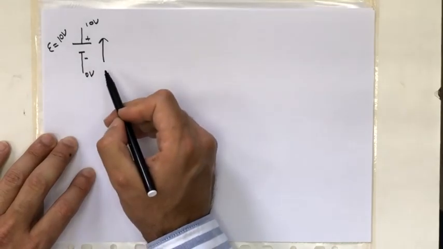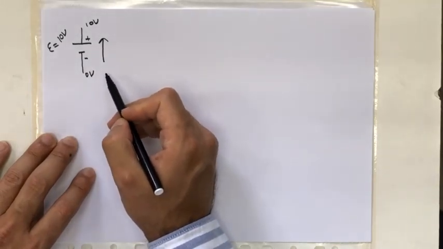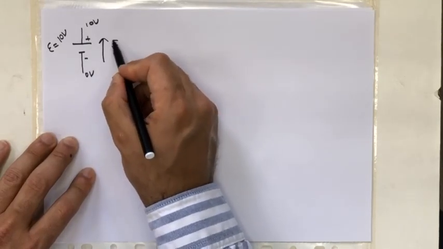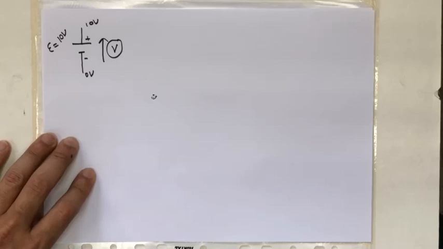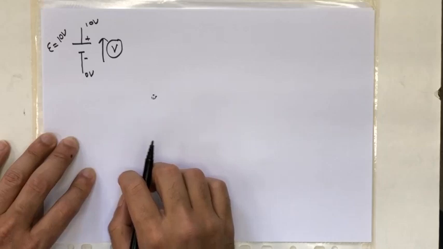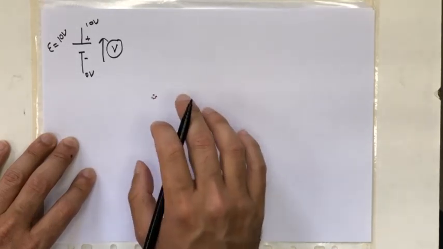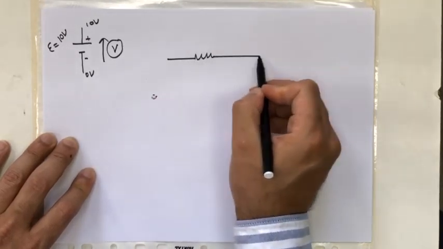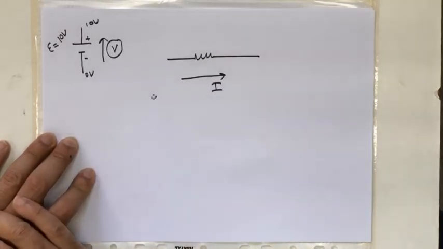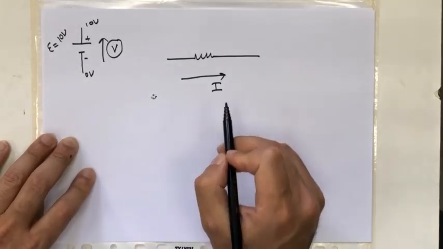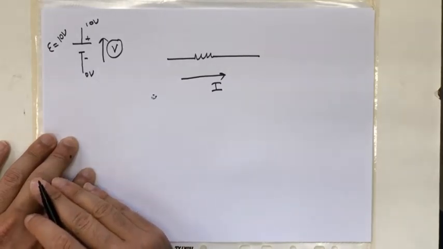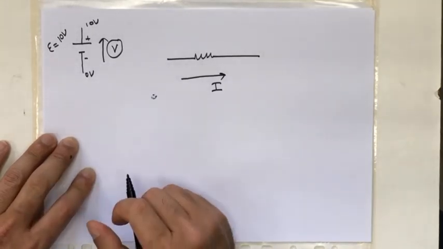Since it increases the voltage of the charges, we indicate the potential difference across this battery as positive V. Now, let me consolidate this information with a question. If we have a resistor and a current is flowing in this direction, will we assign a positive voltage or a negative one?